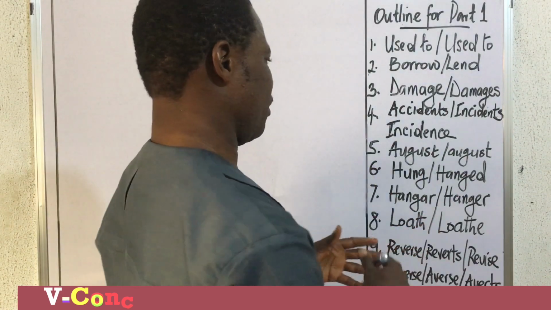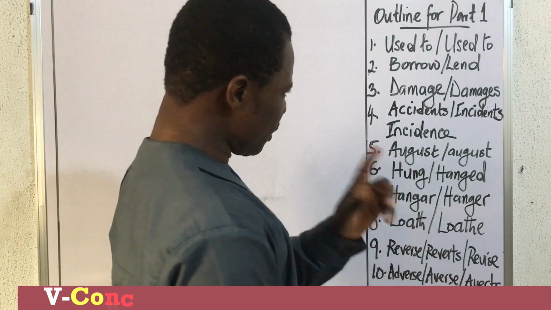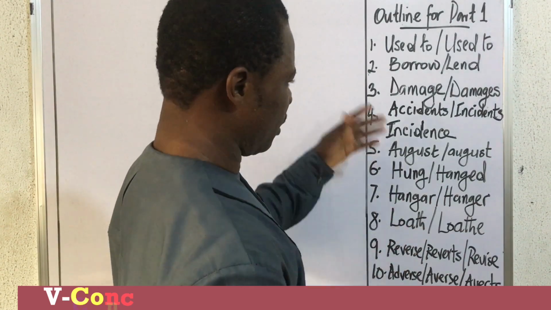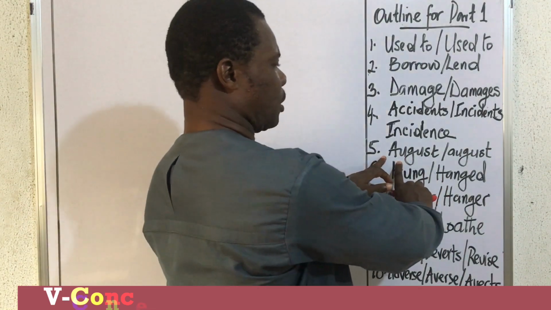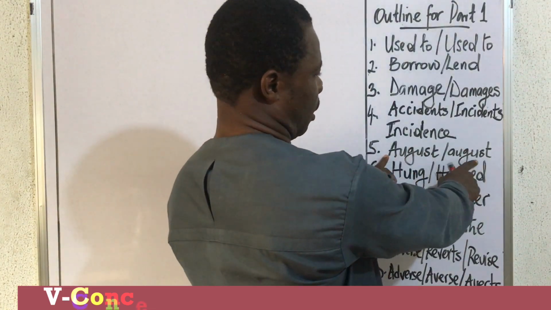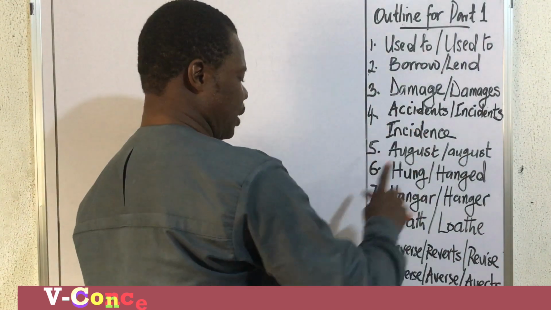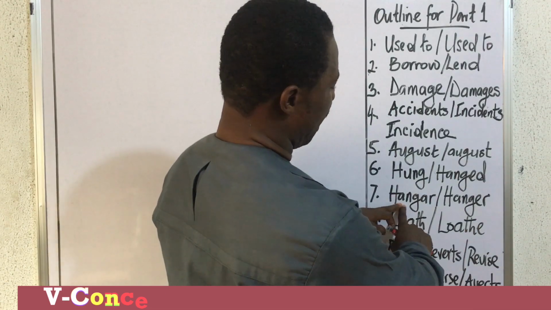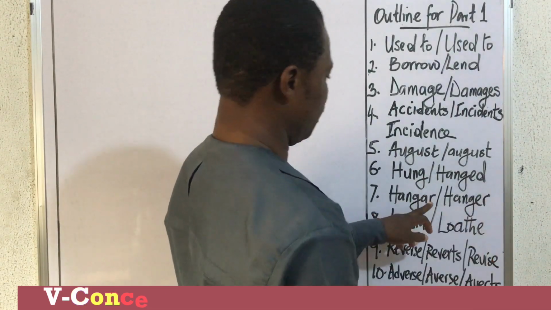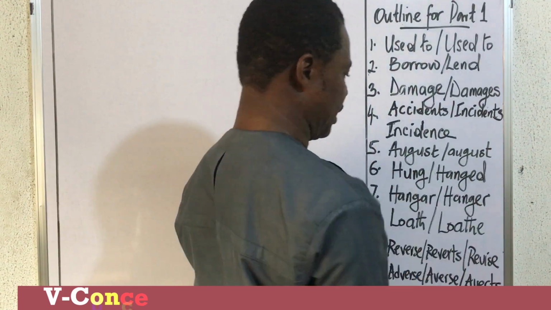When you look at these words very closely, you will think that some of them are mixed spellings of some sorts, but not actually. I was talking about words like number 5, August, August. The pronunciation is different. That's number 1. And then when you come to another word like hanger and hanger, the difference is there is A in one and then there is E in the second.